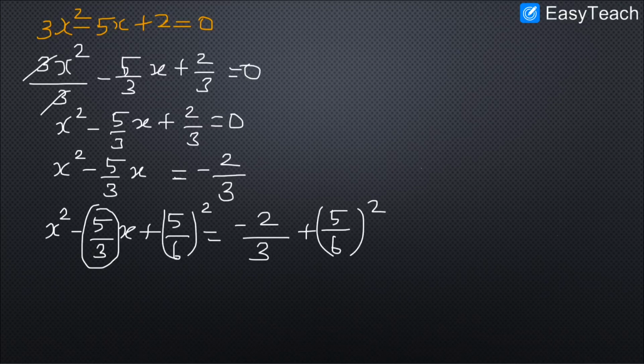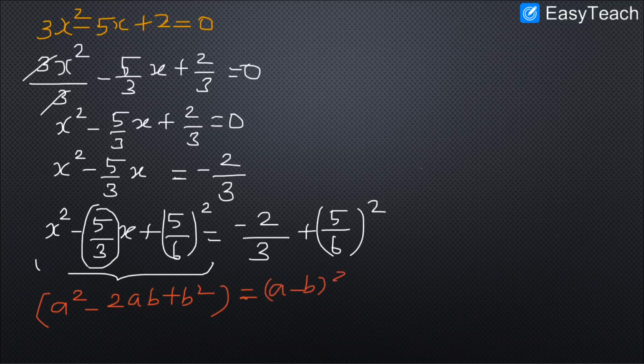In equations, whatever we do on one side, it should be applied to the other side too, right? So that's what I did. I just added 5 by 6 the whole square on both sides. And look at this term, which is exactly like a square minus 2ab plus b square, which is a minus b the whole square.